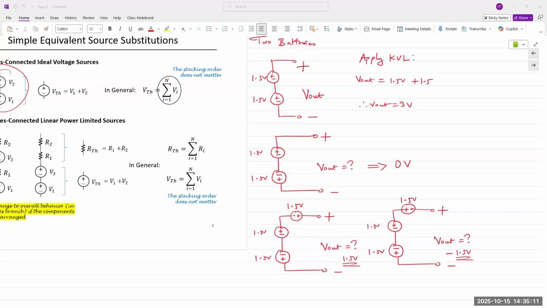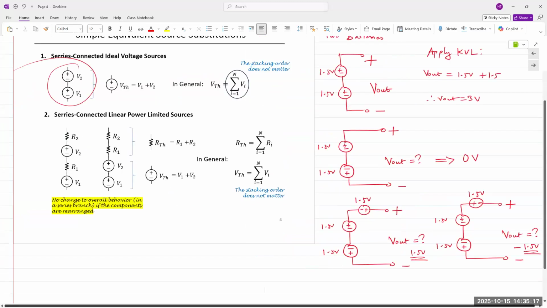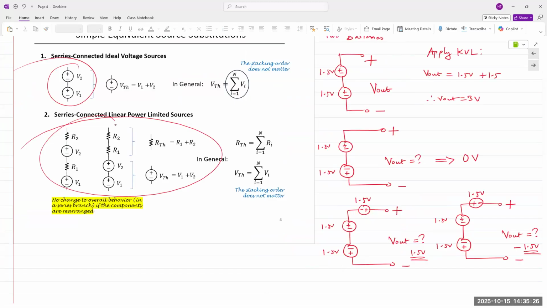So if voltage sources are added up, what about resistances? Well, ideal sources do not have any resistances, but real life sources do. So real life limited source will have resistors.